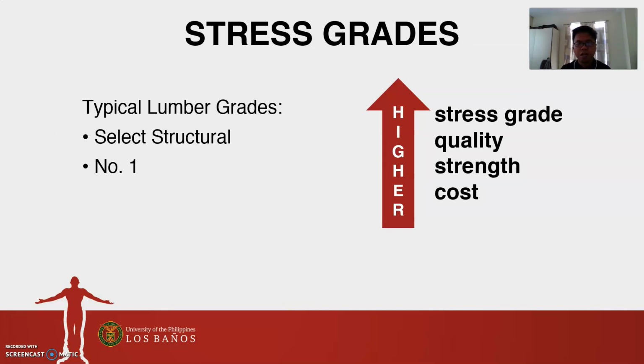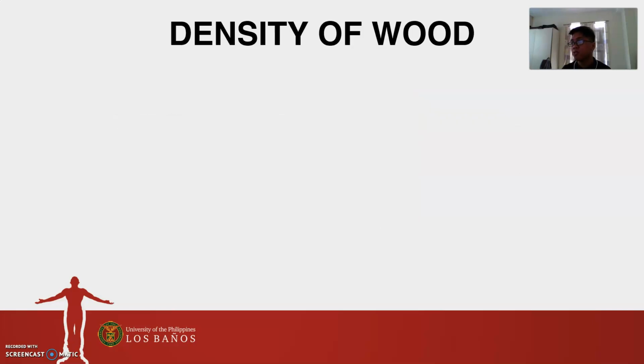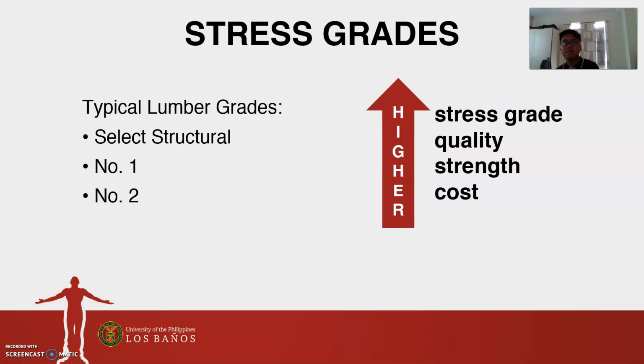As the stress grade quality goes higher, the strength is higher, and consequently the cost is higher. Typical lumber grades are select structural, then number 1, and then number 2. At least for these types, the highest is select structural, and the lowest is number 2.